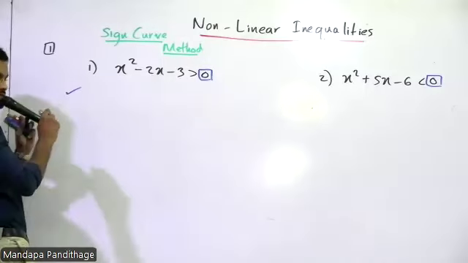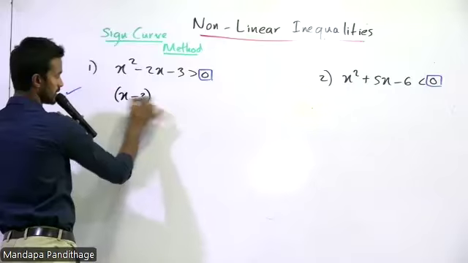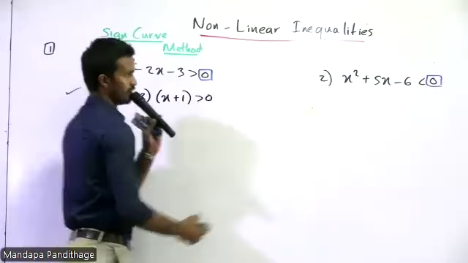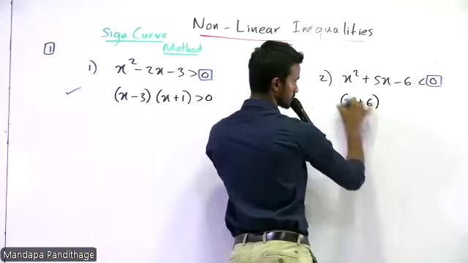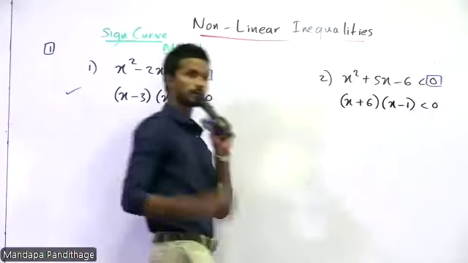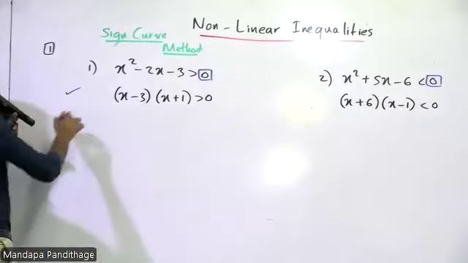So when I factorize this, we know how to factorize a quadratic: x minus 3 and x plus 1 is greater than 0. So step number 2 is done. What is step number 2? We have to factorize this.